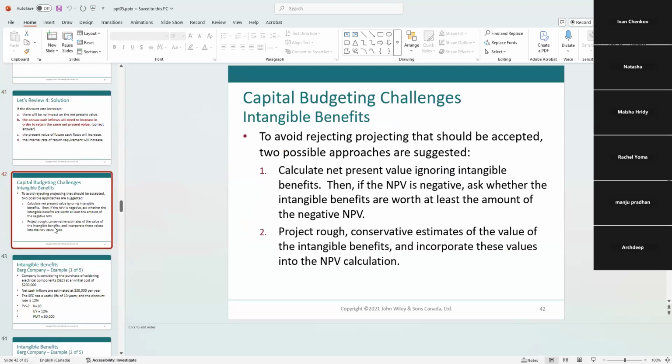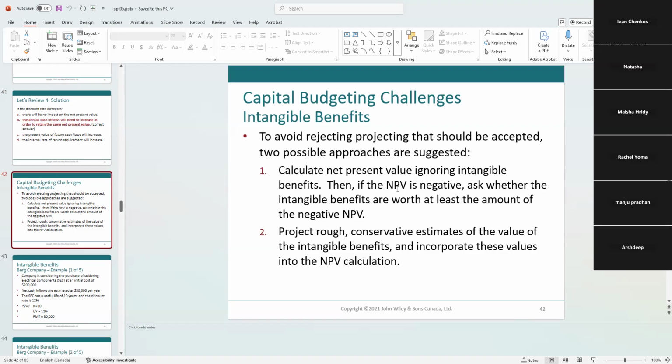Now let's go with the challenges when we have intangible benefits. If we have intangible benefits which cannot be calculated by numbers, then we have to calculate the net present value. Usually when we're doing this, we're ignoring intangible benefits. So one of the drawbacks of the net present value method is ignoring the intangible benefits. So when the question asks you what's the negative on the net present value, now you know what you can answer.